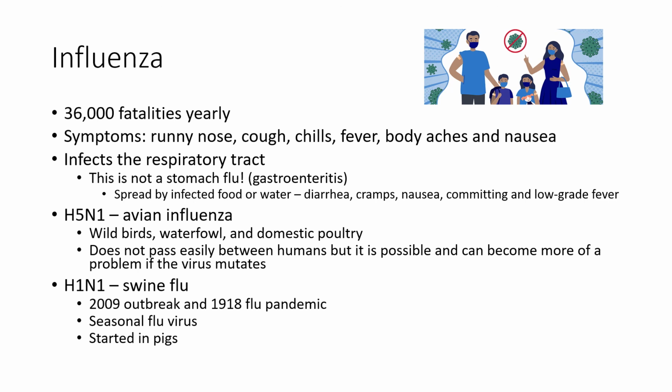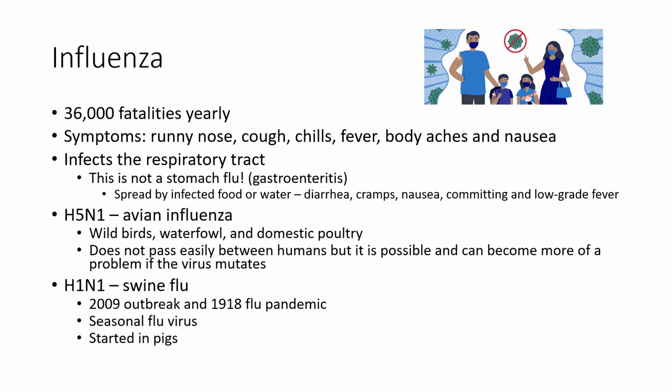H1N1 is typically a strain that you see seasonally. It did start in pigs. The original outbreak was in 2009. This is also the same or a similar flu virus to the one that caused the 1918 flu pandemic, if you are familiar with a little bit of history.